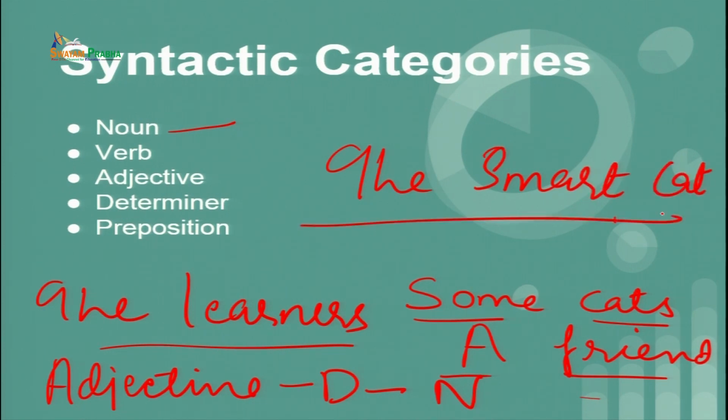In this example, what do you see? The placement of the adjective is between the determiner and noun. When you talk about determiners, as I told you, they consist of articles and other things, like you say few cats, few students. So, few will refer to a determiner; it will come under the category of determiner.